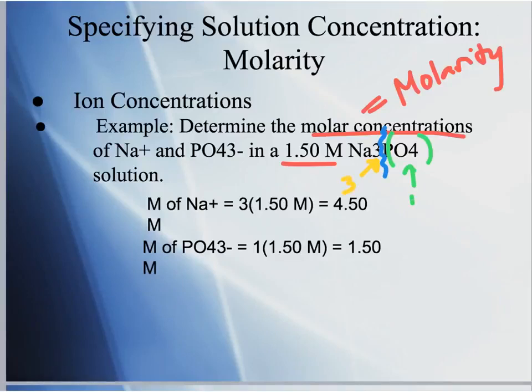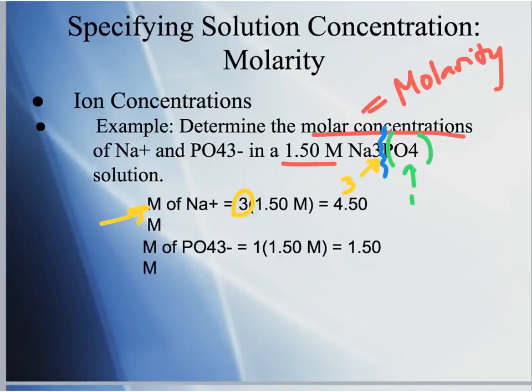So when we're trying to figure out the concentration of the parts, we have to keep that in mind. The molarity of sodium is not just going to be the 1.5, because there are 3 sodium ions in there, so we have to multiply the molarity by 3. So the molarity of the sodium ions is actually 4.5 molarity, because we've got 3 of those ions that are going to be dispersed in the solution once it's all stirred together and broken apart.